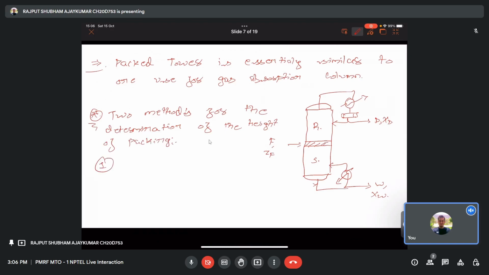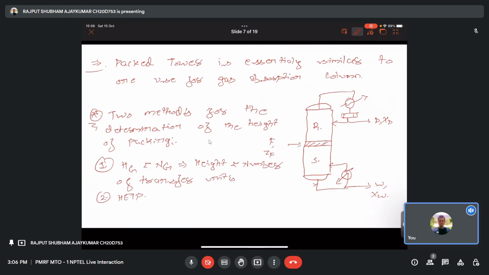The first one is from the height and the number of transfer units, that is HG and NG, height and number of transfer units, and the second is from HETP, that is height equivalent to the theoretical plates.